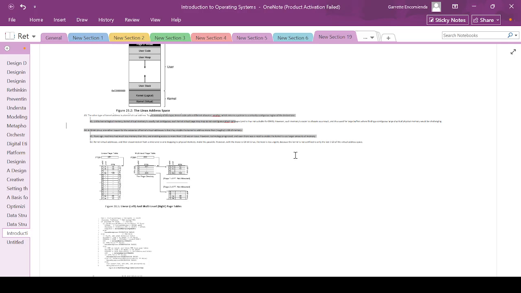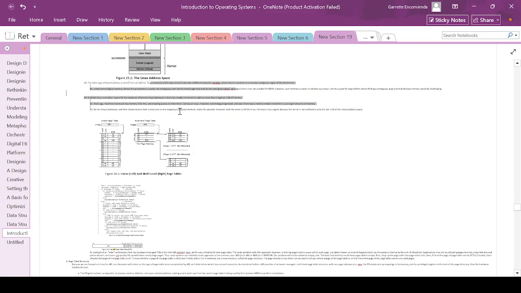Now, unlike kernel logical memory, kernel virtual memory is usually not contiguous. Each kernel virtual page may map to non-contiguous physical pages and is thus not suitable for DMA.